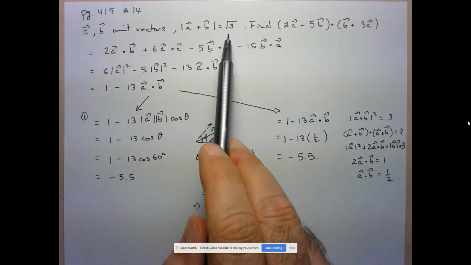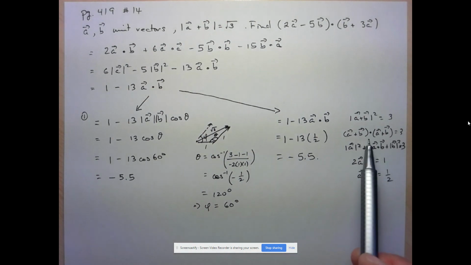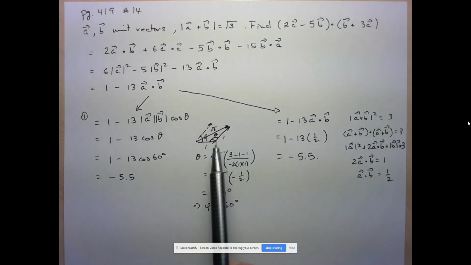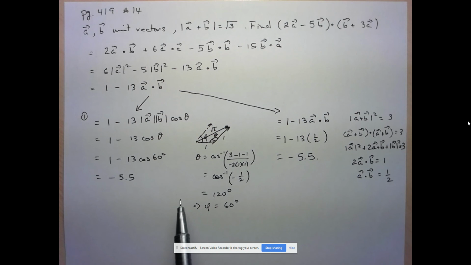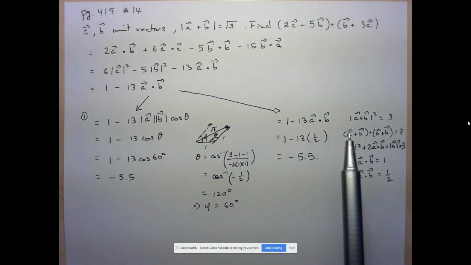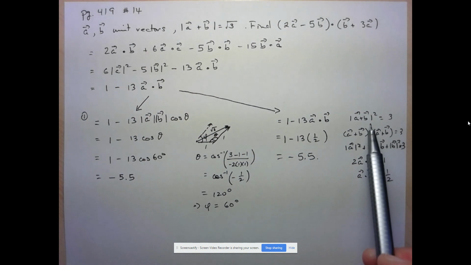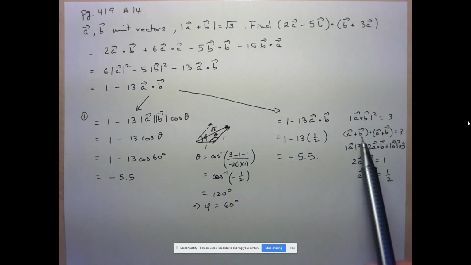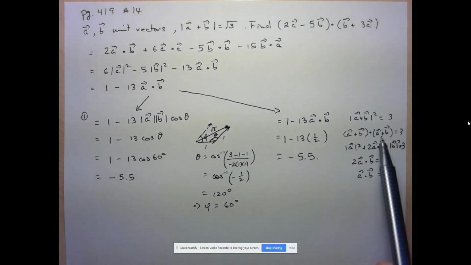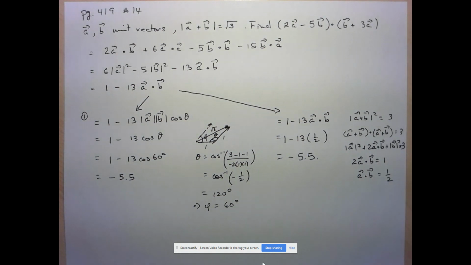So from there, we had two options to solve this. Take a geometric approach by actually calculating the angle between them, or take an algebraic approach and use the fact that the magnitude squared of a vector is just a vector dotted with itself. All right, so a couple of options here to solve this problem. That's it for this one.